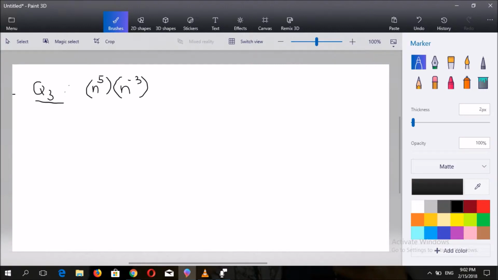Question 2. Suppose that you are given a function g of y, which is equal to y divided by the absolute value of y.